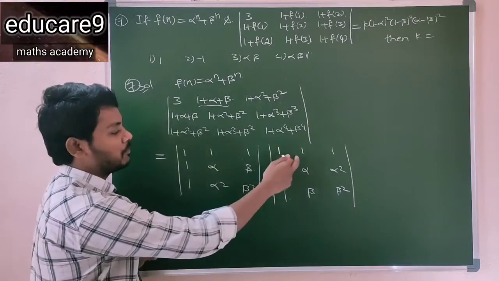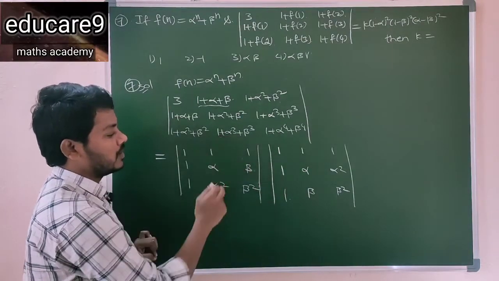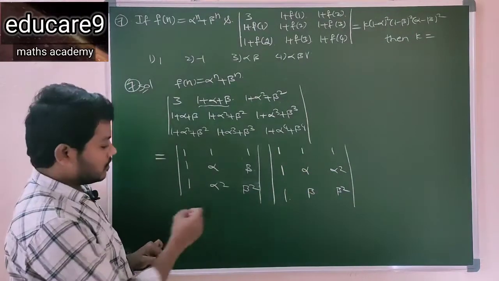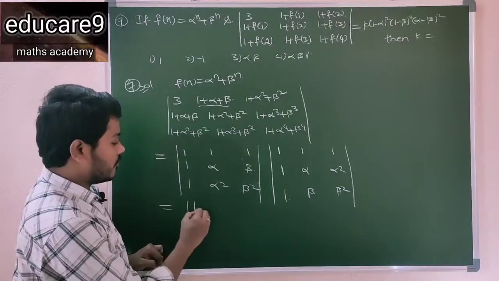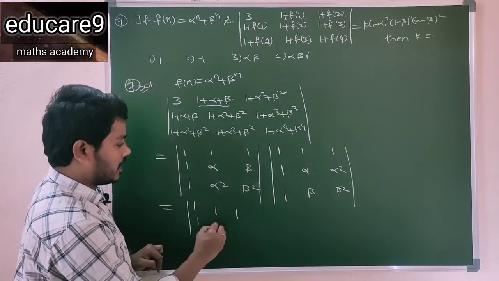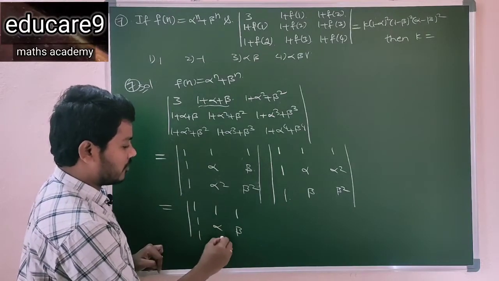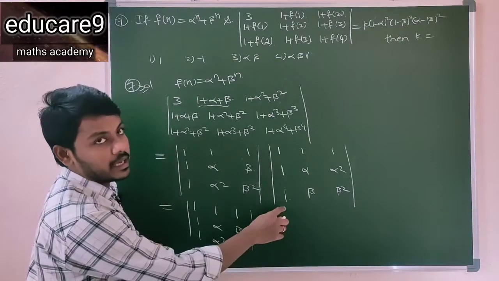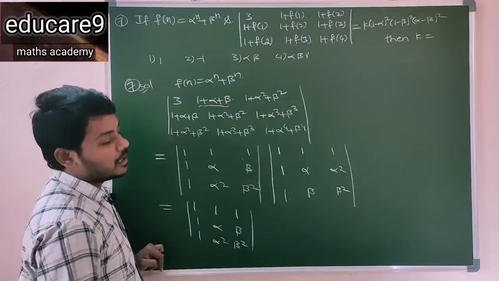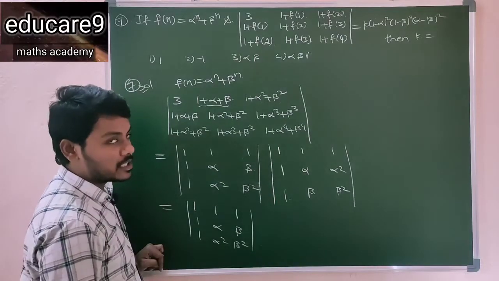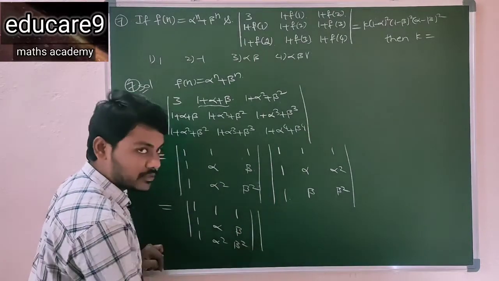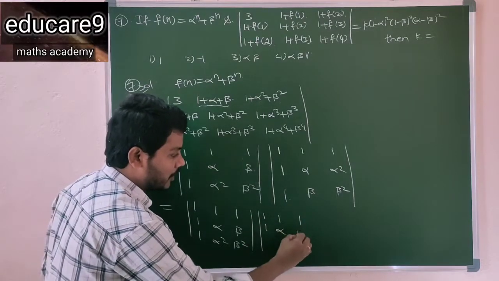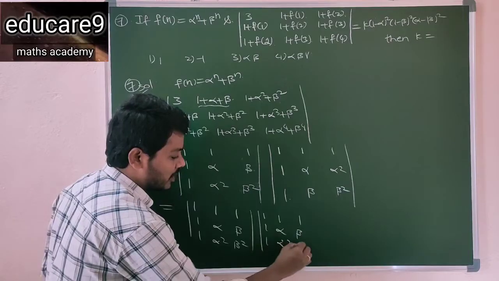Next one 1 plus alpha cube plus beta cube. Next one 1 plus alpha power 4 plus beta power 4. Now this can be written as 1 1 1, 1 alpha beta, 1 alpha square beta square. So interchanging rows and columns, the determinant does not change. So that's why you write 1 1 1, 1 alpha beta, 1 alpha square beta square.